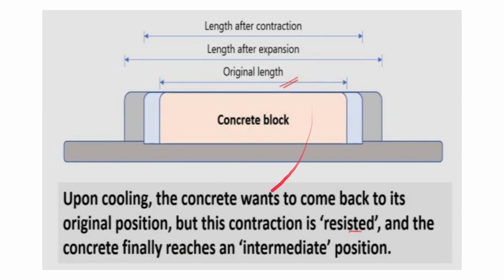Due to heat generation, the concrete block started to increase and expanded this much. But after cooling, it tried to reduce, but it was not possible to come back to its original shape. After contraction, the length became somewhere between the original and the expanded length. This was the final length after contraction.